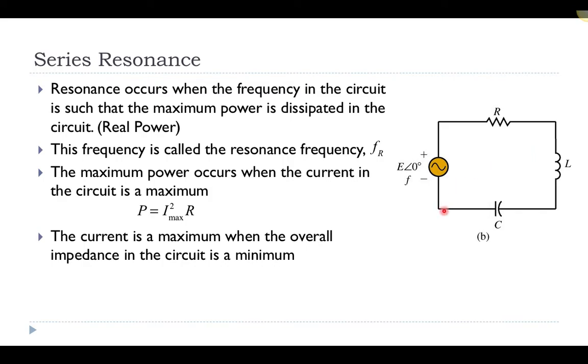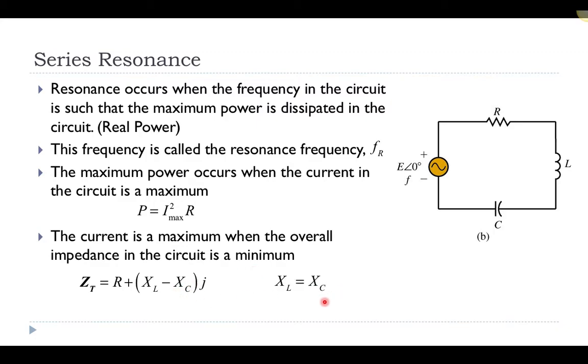Because the current is the voltage divided by the impedance, when the impedance is small, the current is large. We just said that the total impedance in this circuit is the resistive piece plus the combination of the inductive and the capacitive pieces.